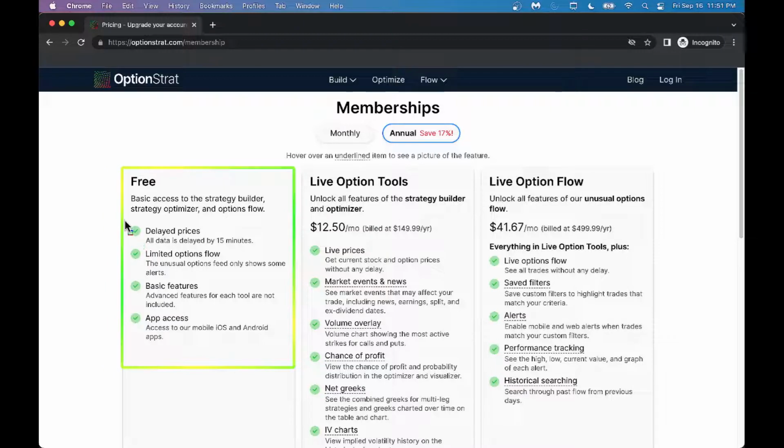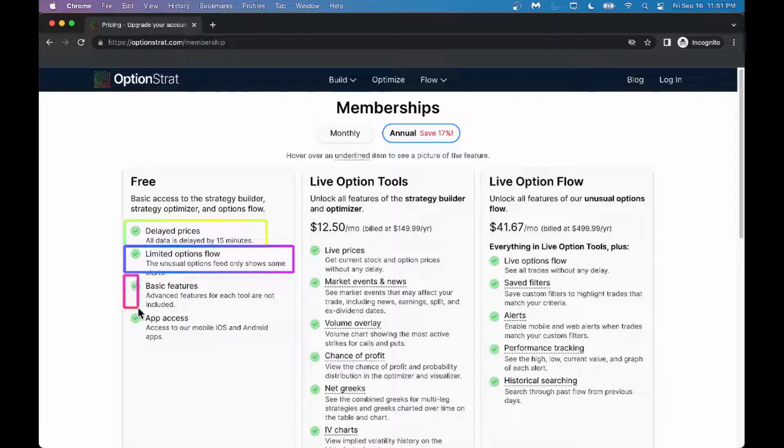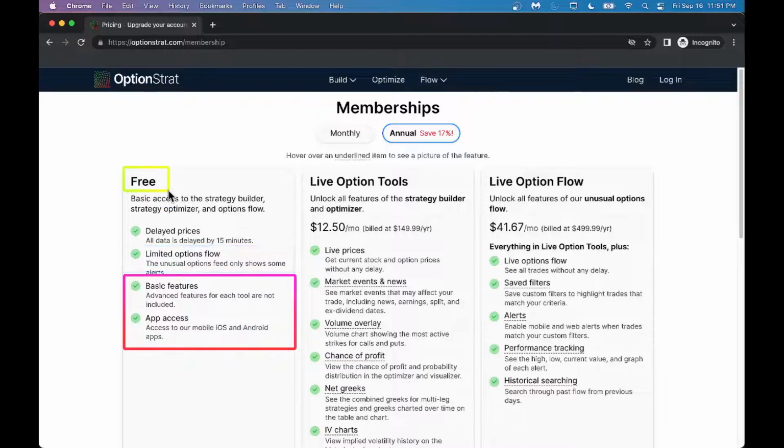As you can see, there is a delayed 15 minutes quote which works for many folks, and there is a limited option flow included. That's also okay for a beginner. And you can look at basic features. You could look at the app on your mobile device. So that's the basic feature, which is absolutely free as long as you want it.